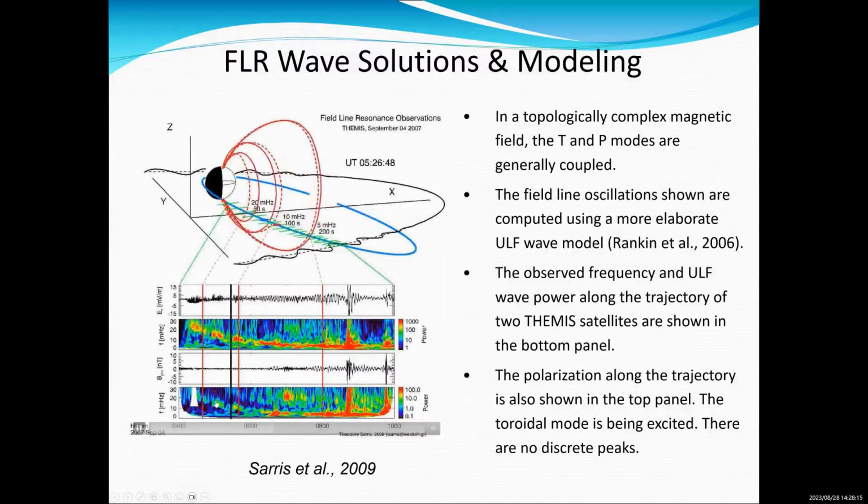So you can see that there's a frequency variation. There are no discrete peaks in this case, which might suggest that the source of excitation is the Kelvin-Helmholtz instability, which has no reason to be monochromatic. The surface waves have a reasonably wide spectrum and couple through all the field lines and drive them at their natural frequencies.